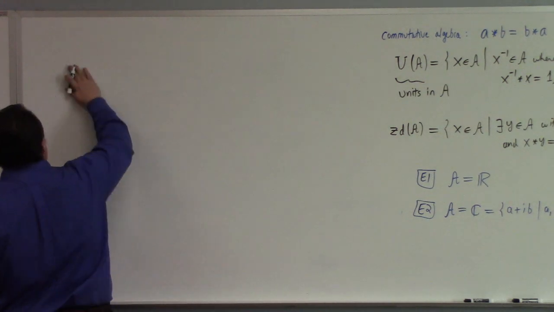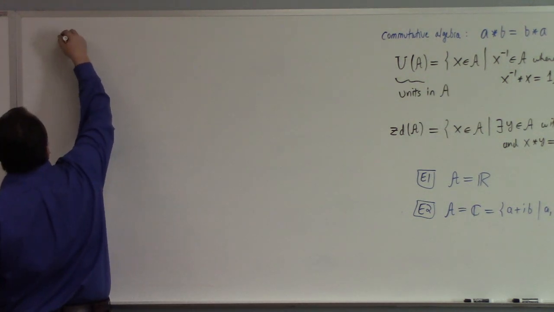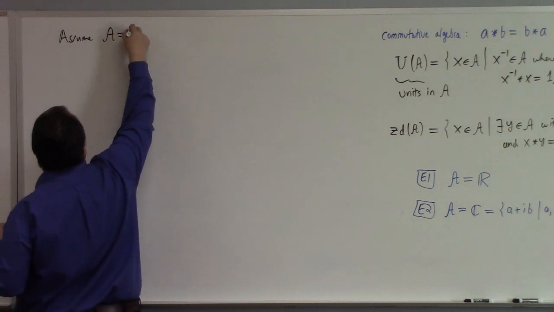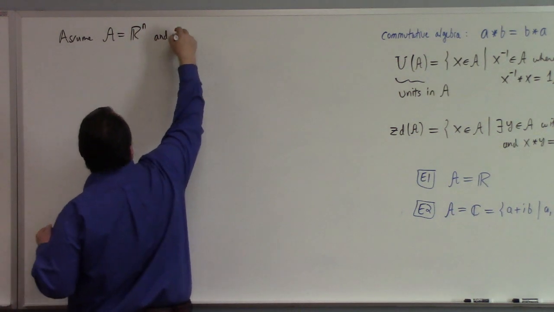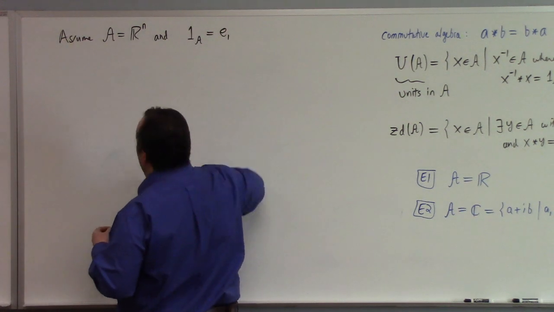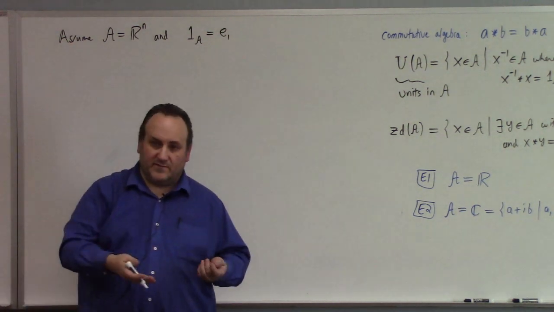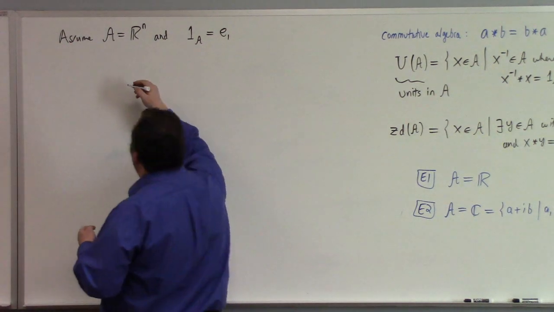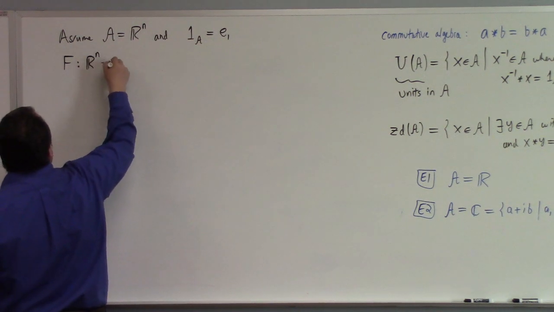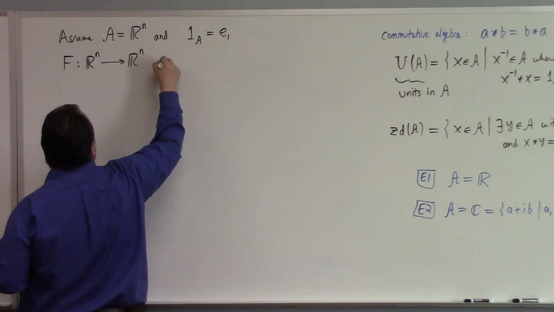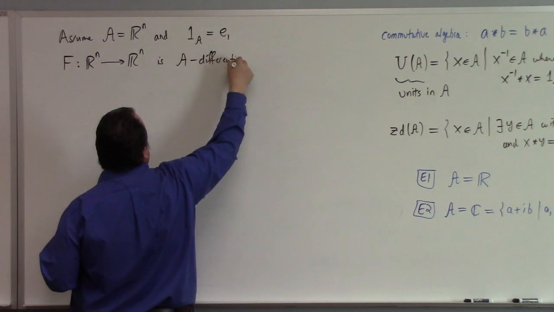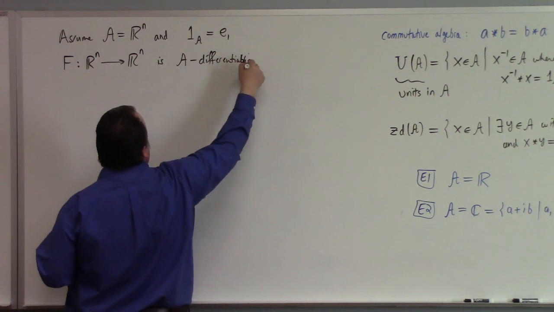So for the sake of making things easier, let's assume that A is equal to R^n. And let's also assume that the unity of the algebra is equal to e1. That'll make things a little bit easier in the discussion that follows. So if we think about a function from R^n to R^n being A-differentiable, what would that mean about the Jacobian?